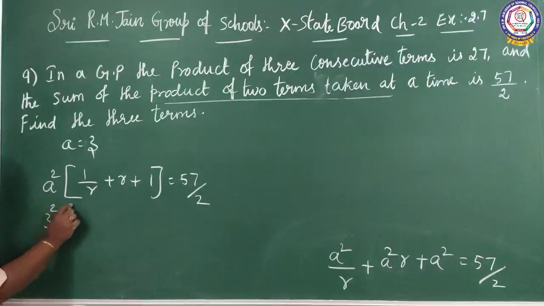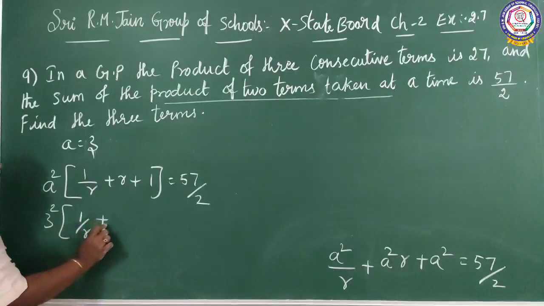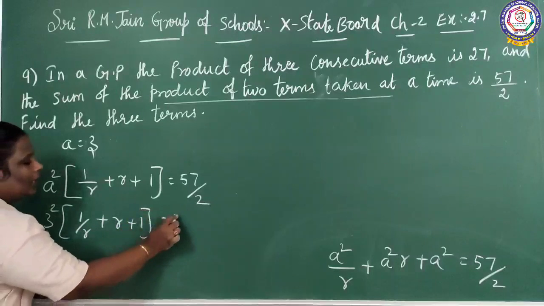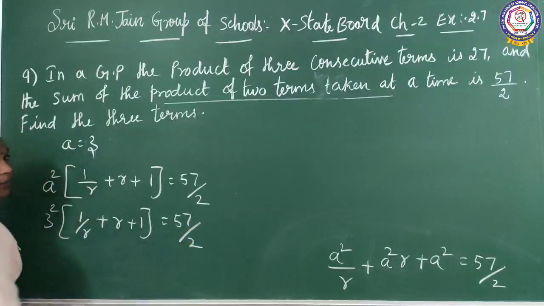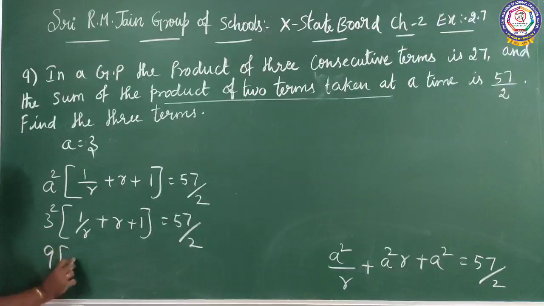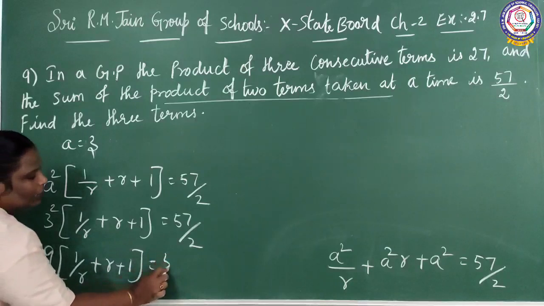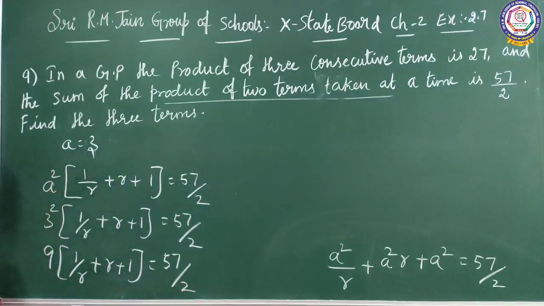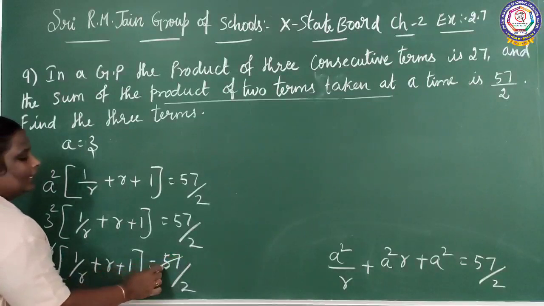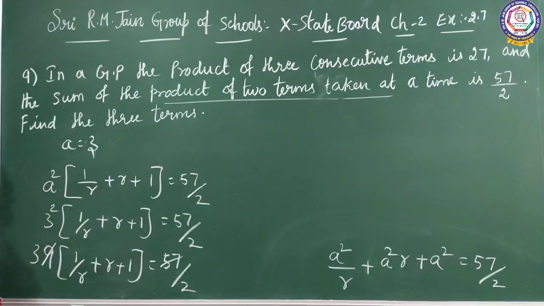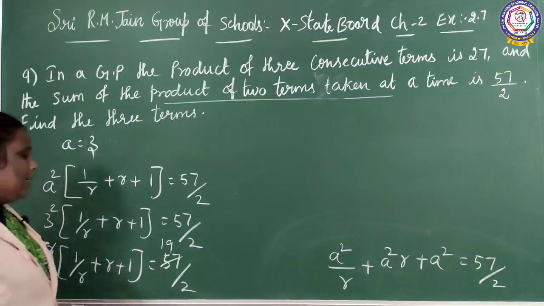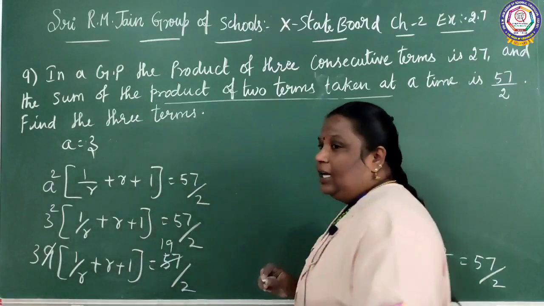So 3 square into (1 by R plus R plus 1) equal to 57 by 2. 9 into (1 by R plus R plus 1) equal to 57 by 2. You can cancel the term: 3 3s are 9, and 3 19s are 57.